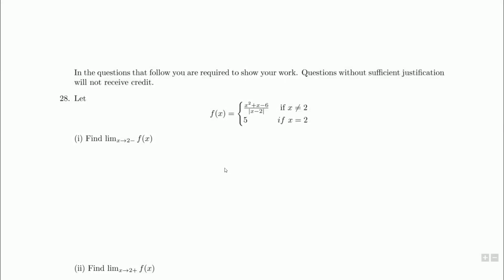Now, these are written questions, and they even bother to state here, in the questions that follow, you are required to show your work. Questions without sufficient justification will not receive credit. So this means a couple things. One, you actually have to write out in sentences every once in a while, show your calculations, show your work.